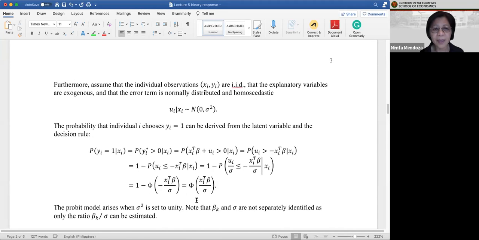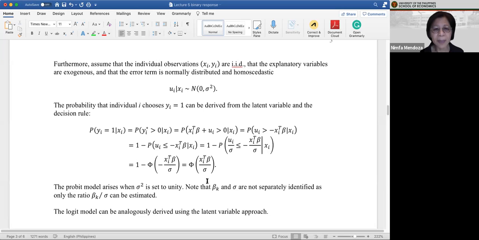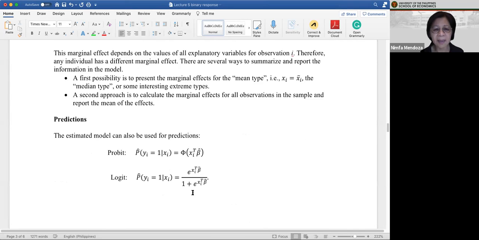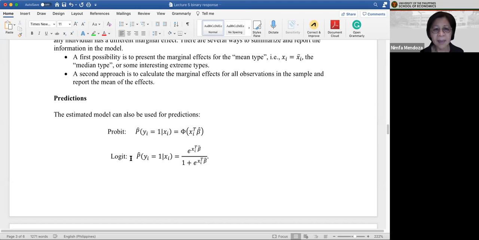So we had this for the probit. You just substitute beta hat for beta, and therefore you would get an estimate p hat. The same thing for the logit, just substitute beta hat, then you get p hat.